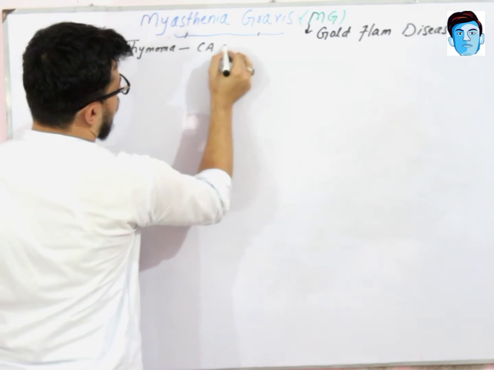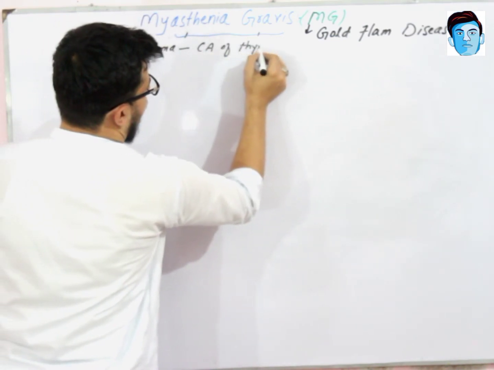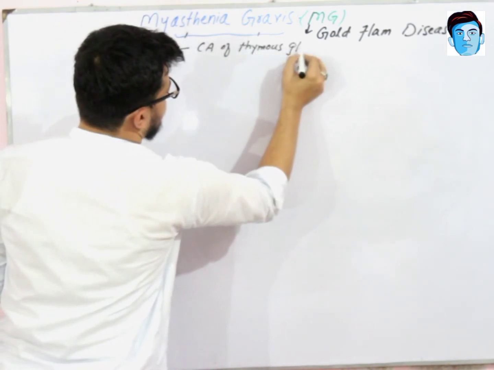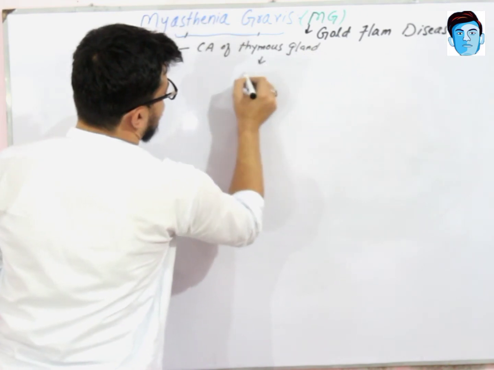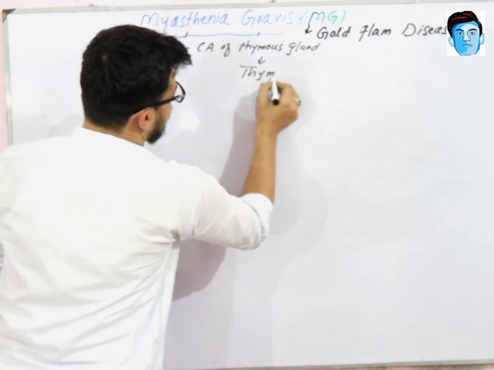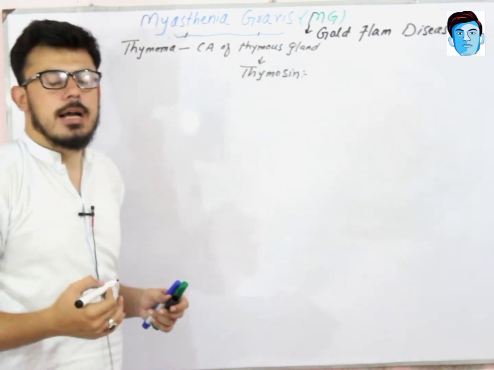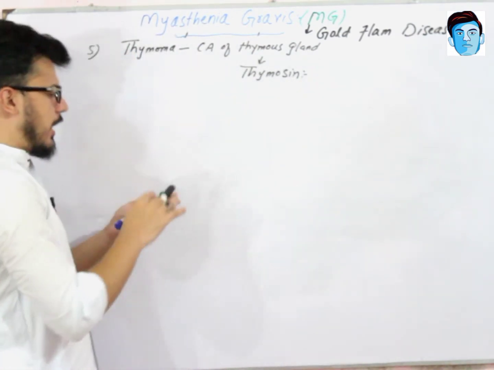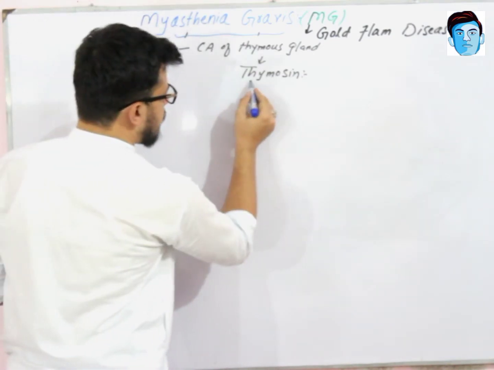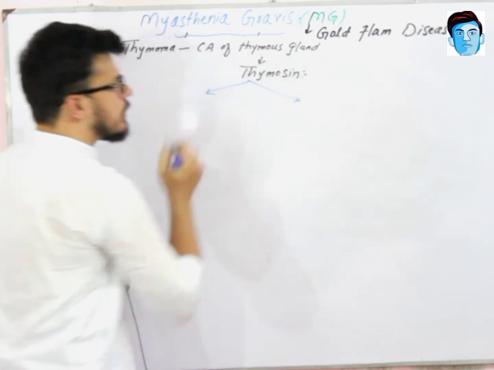Thymoma is the cancer of the thymus gland, and the thymus gland produces thymosin. Now, how does thymosin cause myasthenia gravis? There are two roles of thymosin.